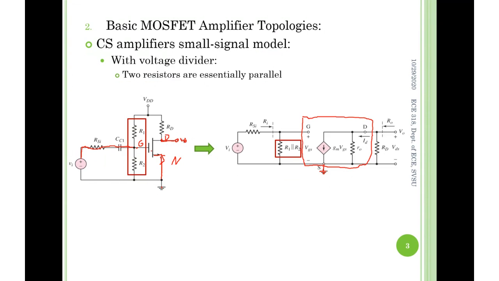And then you can go ahead to extending the gate. How to extend the gate? You see the gate is connected to what? R1 and R2, right? Then why are R1 and R2 parallel? Because R2 is between the gate here and where? Ground. This is R2. How about R1? R1 is between the gate and, remember, we eliminate the DC source to ground.